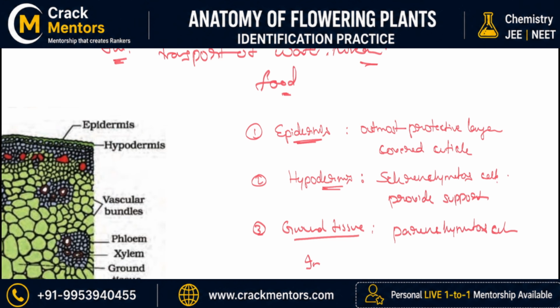In a monocot stem, the major thing you need to remember is that the cortex, endodermis, pericycle and pith, all these 4 are not distinct.